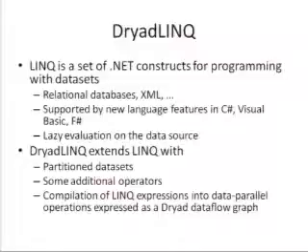So LINQ is .NET constructs for manipulating data. It's designed to work with relational databases or XML data, and it's supported by features such as anonymous types and lambda expressions in C# and also, I believe, Visual Basic and F#.